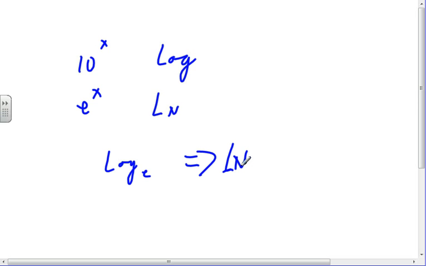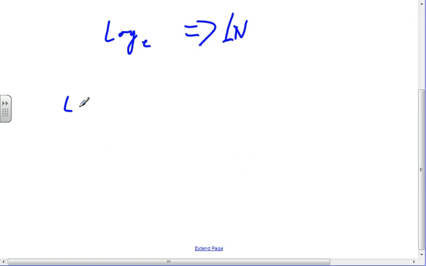All right, now something clever is happening here. Let's say that I have log base b of x. So I'm going to have log base 10 of 10 squared. It's going to be 2, right?